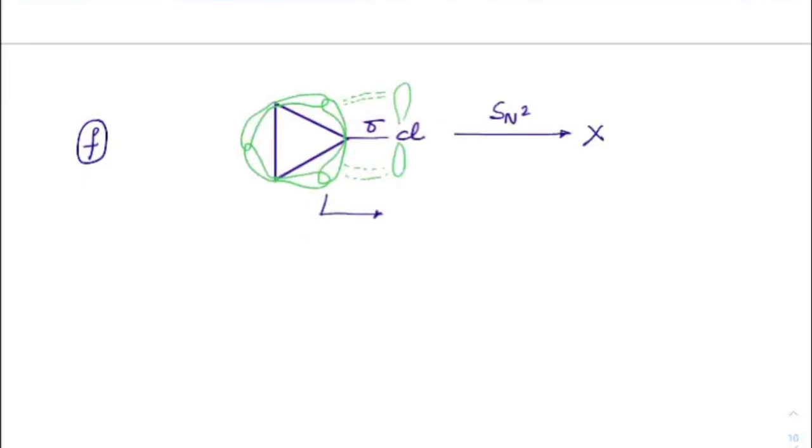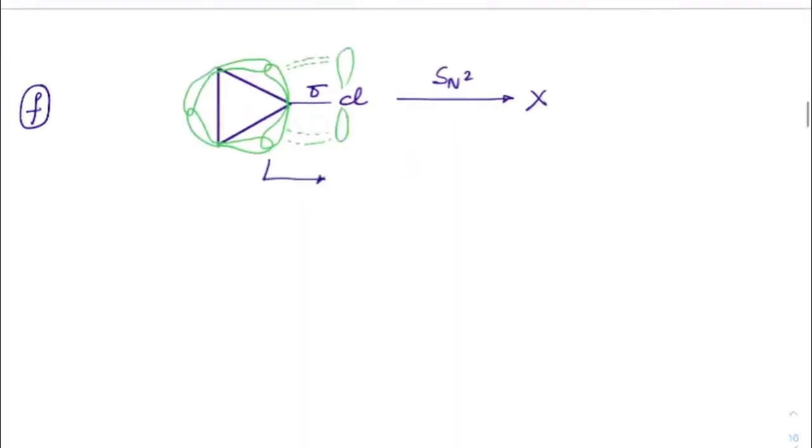Next, if you see a cyclopropyl group here, right? So cyclopropyl chlorine. In here, what is happening? This chlorine orbital which is present here is now more or less like CH2 double bond CHCl.